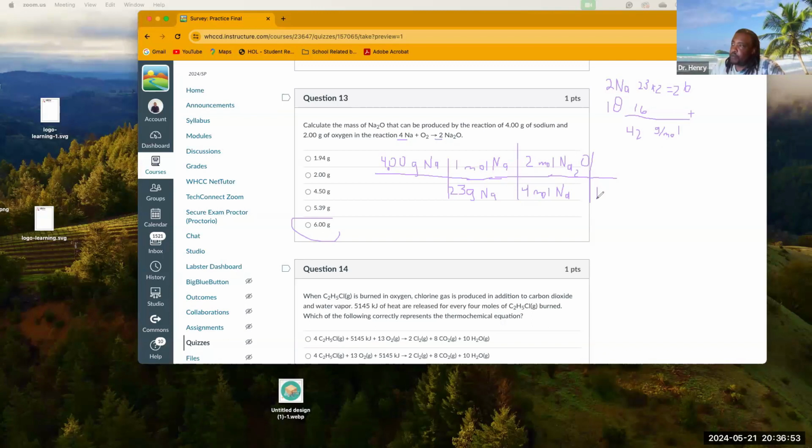Okay, so for every 1 mole of sodium oxide, we have 42 grams.